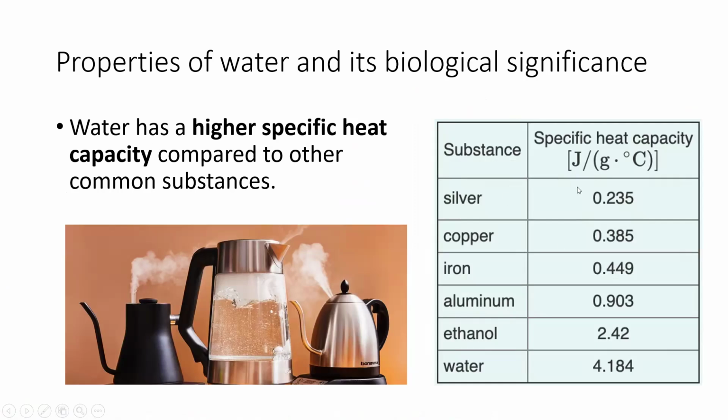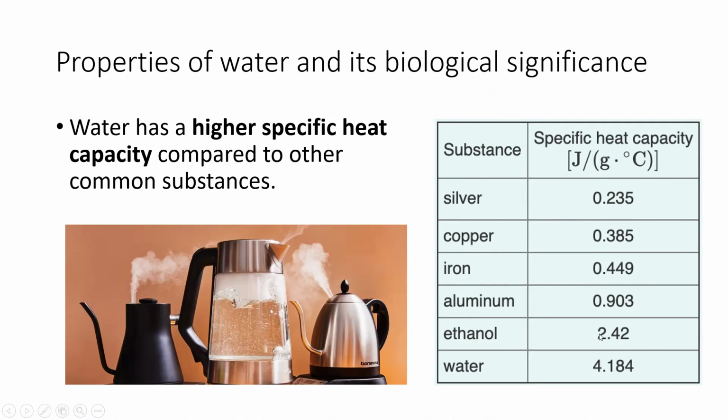This table shows the specific heat capacity of different metals compared to water. From here you can see water has 4.184 joules per gram per degree Celsius, which is about 4.2.